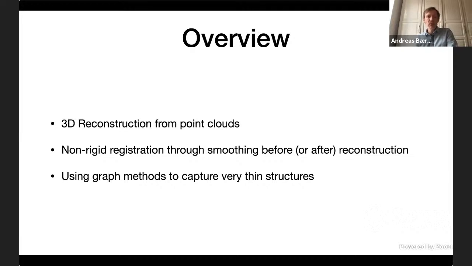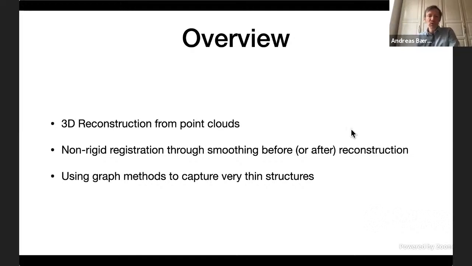And then I'll discuss a topic that we looked at some years ago, which is basically casting the problem of non-rigid registration as a smoothing problem, something that we can do before or even after we've actually combined the point cloud into a mesh. And finally, I'll talk about some recent work where we've been using graph methods to capture very thin structures from 3D point clouds.